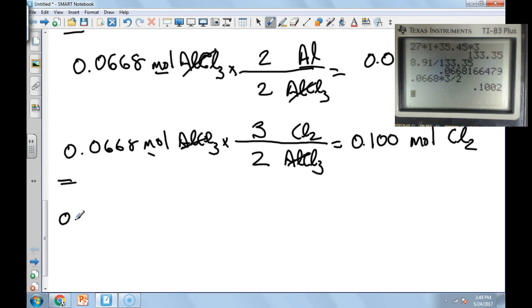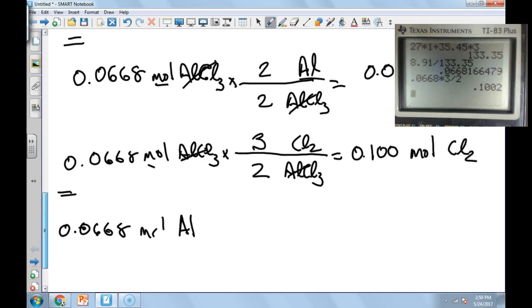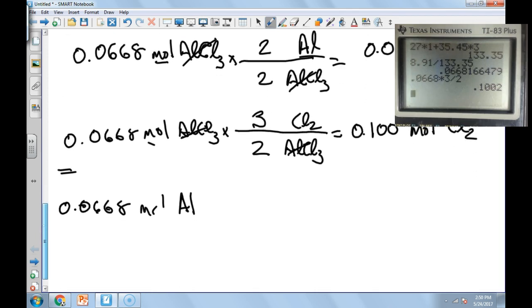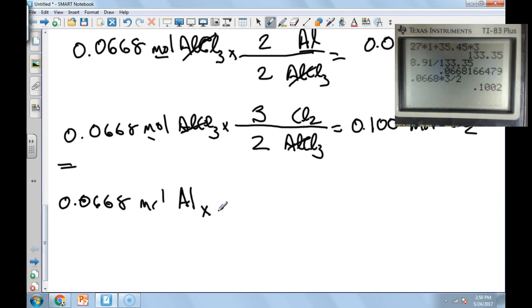So 0.0668 moles of aluminum, right? I got that from, well, it's behind the calculator, but right there. Now we're going to X-line it. What are we trying to get rid of? We're trying to get rid of moles, so we're going to put that on the bottom, and we're going to put grams at the top. And remember that aluminum was 27 grams per mole.